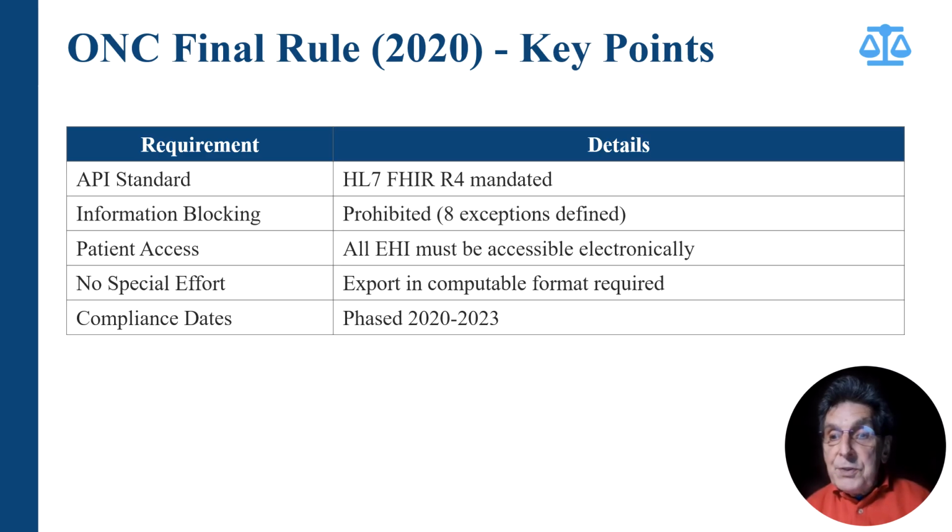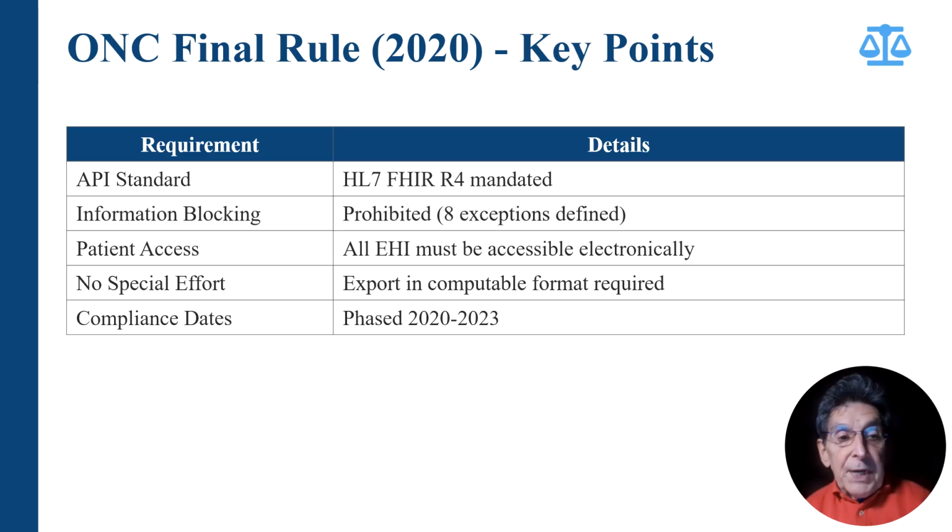This is what certified health IT must support. Information blocking. It's prohibited with 8 defined exemptions covering legitimate reasons like privacy protection, security concerns, and technical infeasibility. The exceptions are very narrow, well defined.